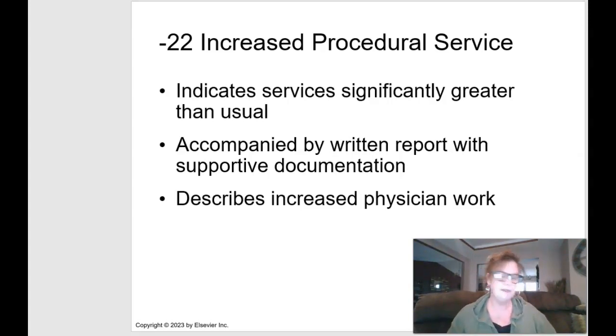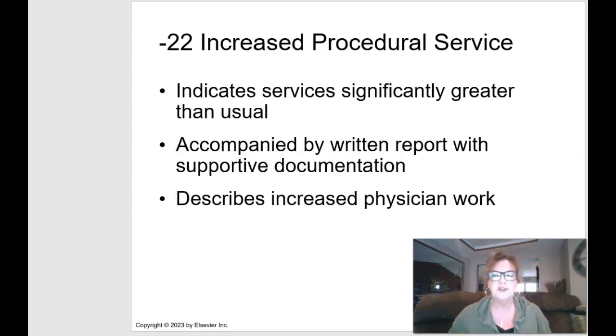So I want you to write in your CPT book for 22, procedural, or highlight it. You also want to write not an E&M, which is evaluation management, which we will talk about soon, modifier. It is not an E&M, evaluation management modifier. Sorry about that.